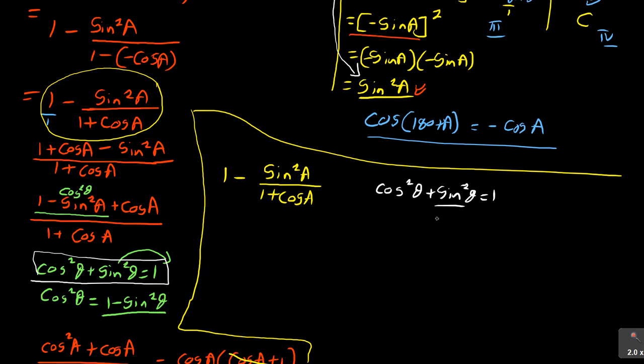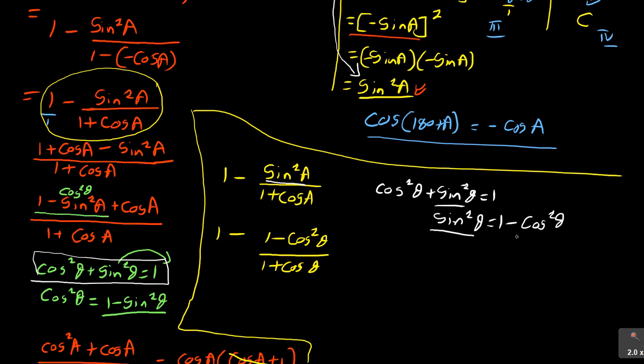But now I want to remain with sine squared, so I'll have sine squared theta is equal to 1 minus cos squared theta. Why am I remaining with sine squared? Because now sine squared is the one that is represented on top. So now I can rewrite this in a way and say this is the same as 1 minus, and then I write 1 minus cos squared theta over 1 plus cos theta.